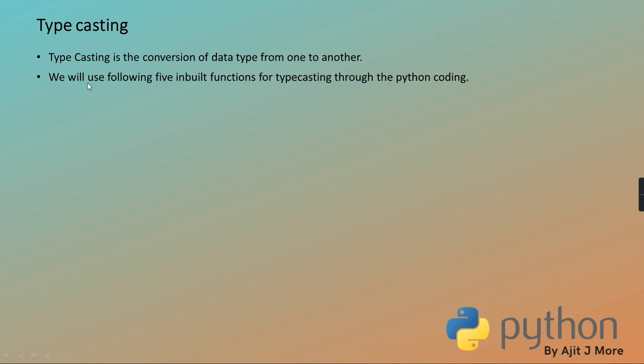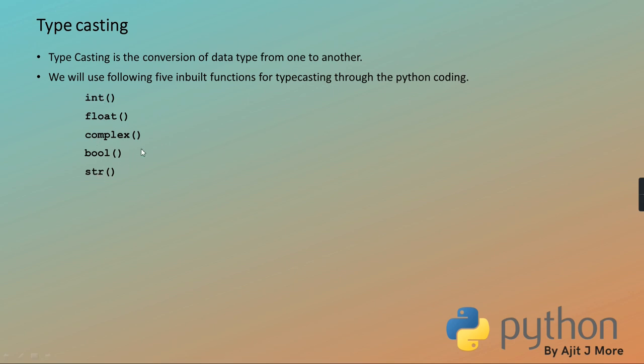Okay. So we use the following 5 built-in functions for typecasting, which Python has provided: int, float, complex, bool, and str. Actually, we are calling them casting functions. In reality, they are constructors of those classes.